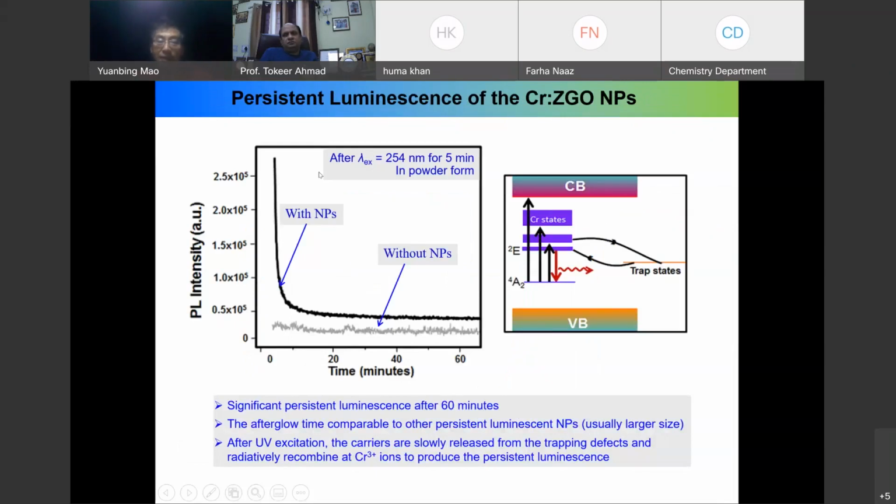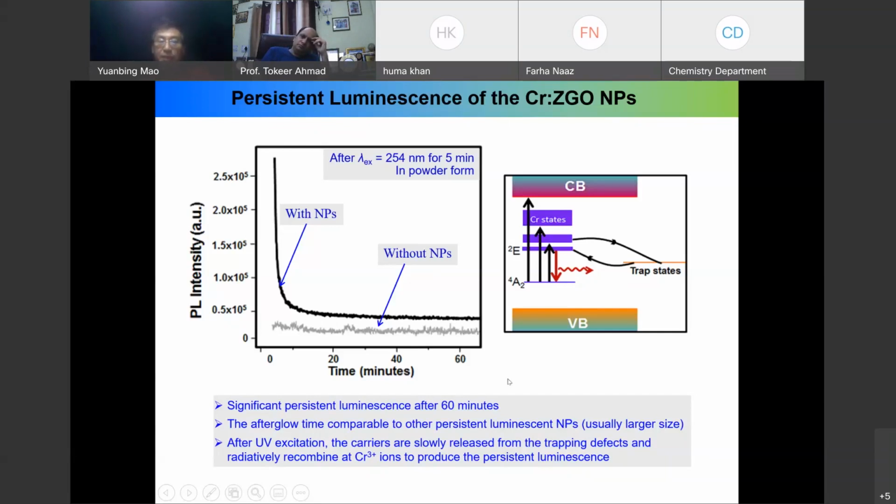So we excited these nanoparticles with a 254 nanometer UV lamp for 5 minutes, and then removed the UV lamp, and then we took the photoluminescence, and you will see these nanoparticles actually show luminescence even after 60 minutes, right? So this curve shows there are no nanoparticles. You can see that, right?